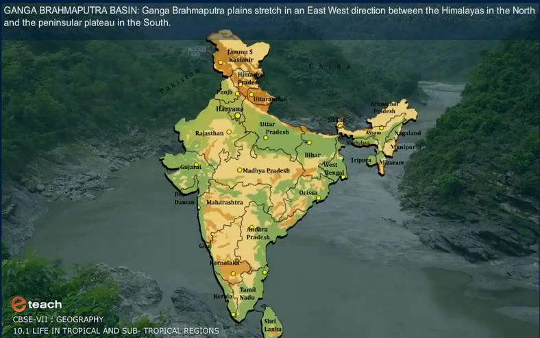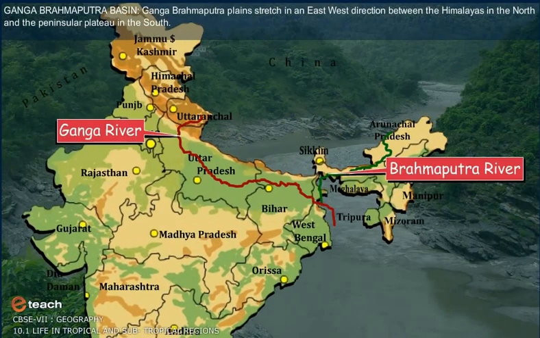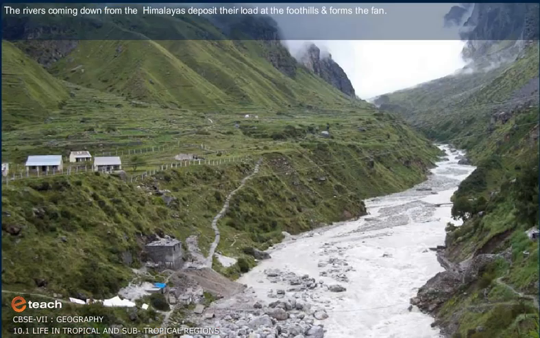Ganga-Brahmaputra basin. The Ganga-Brahmaputra plains stretch in an east-west direction between the Himalayas in the north and the peninsular plateau in the south. The rivers coming down from the Himalayas deposit their load at the foothills and form fans.